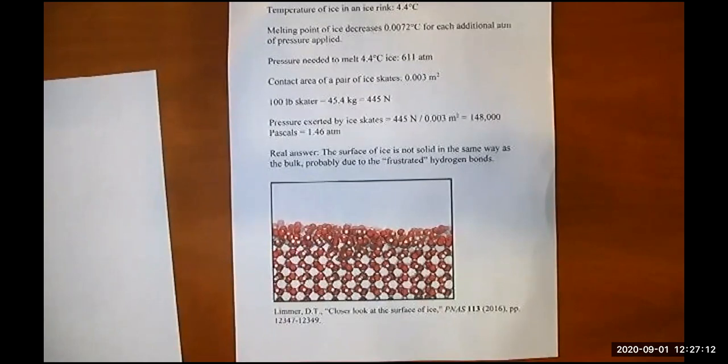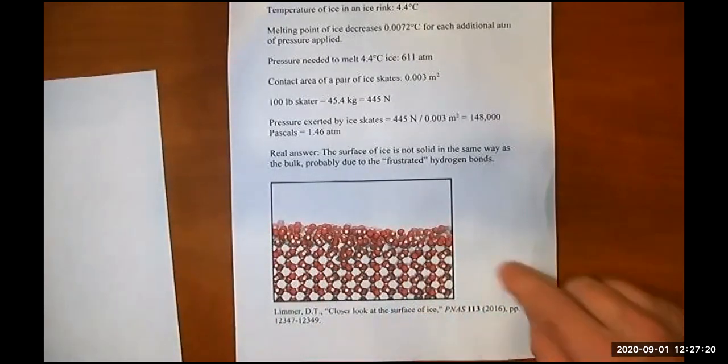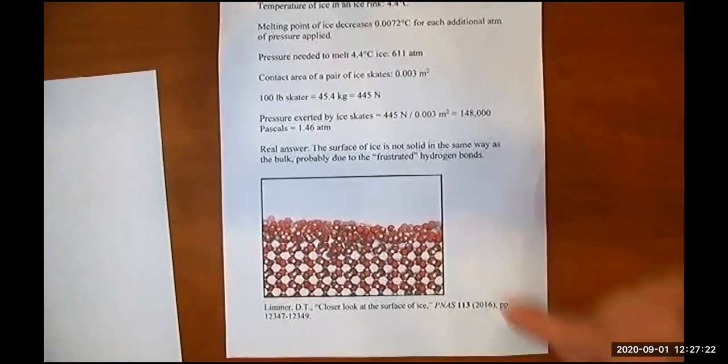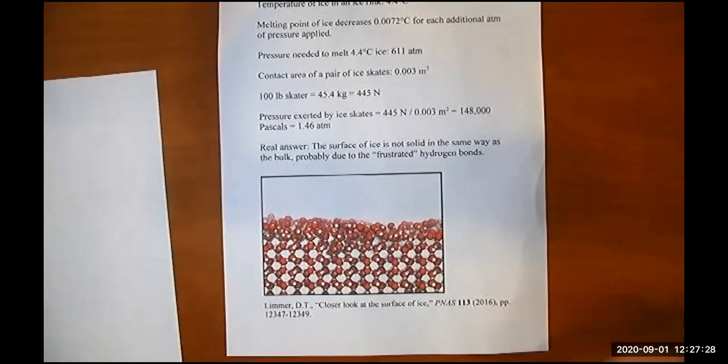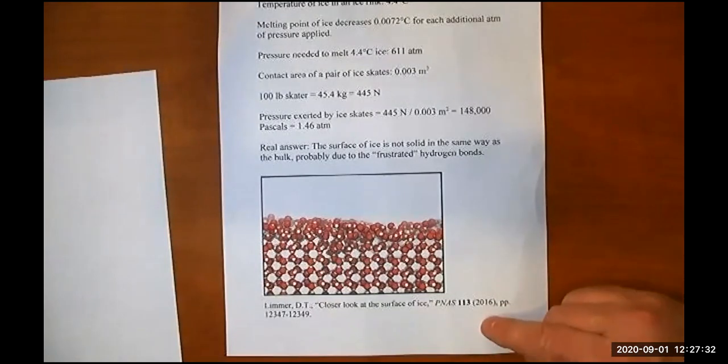So there's a very thin layer that is much more liquid-like. So that's the real explanation. You'll notice that this picture is from a research paper only 4 years ago. So this is something that is still being studied and still being tried to be understood right now.